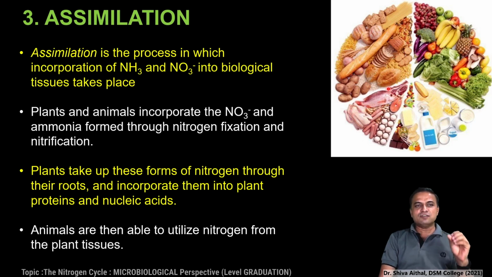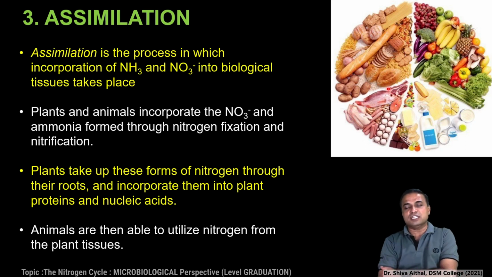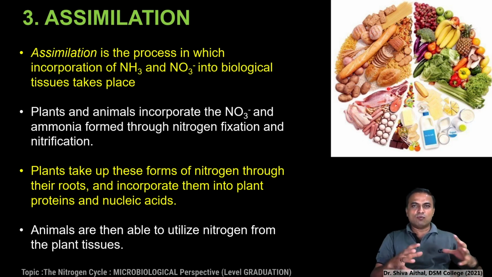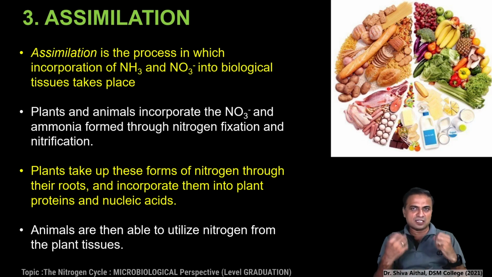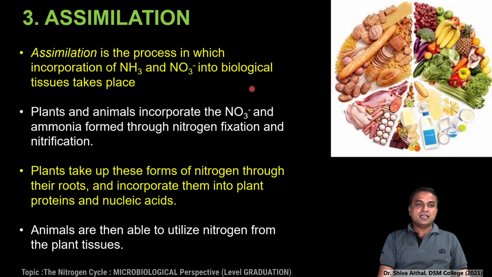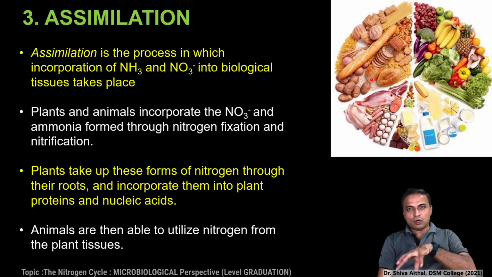Assimilation is the process in which incorporation of nitrogen compounds into biological tissues takes place. In the form of nitrite, nitrate, ammonia, in whatever form it may be, it gets incorporated into our body. Plants, animals, we humans, incorporate the nitrate and ammonia formed through nitrogen fixation. It becomes a part of our biomass.